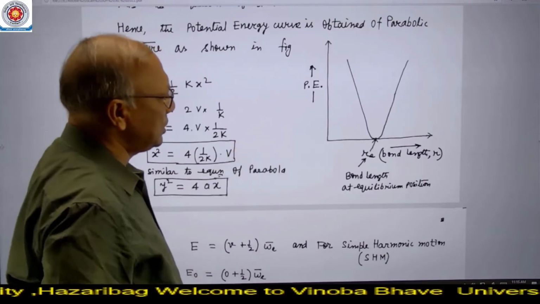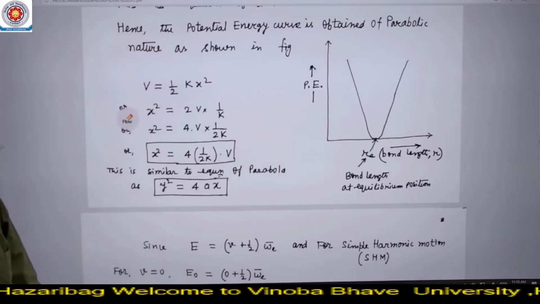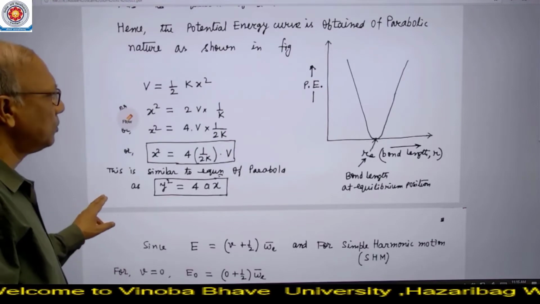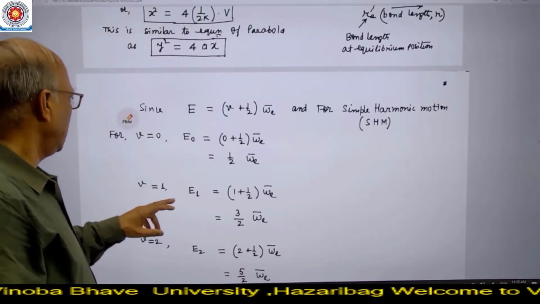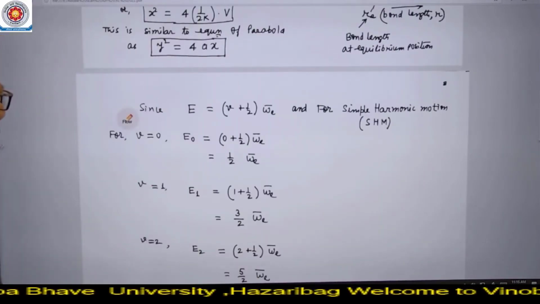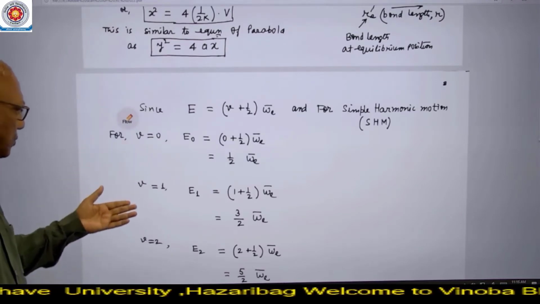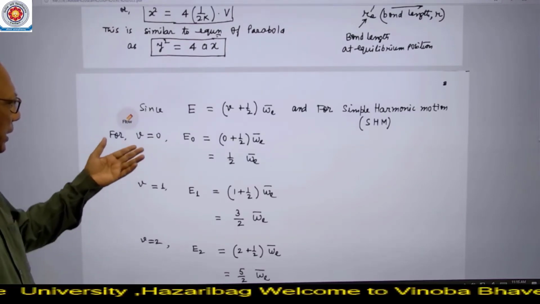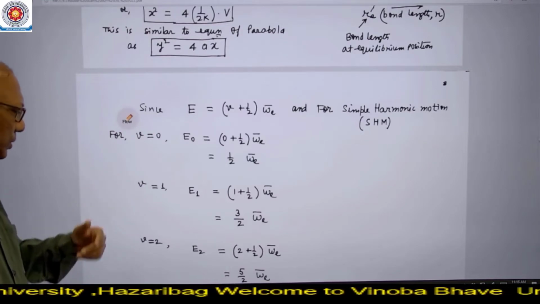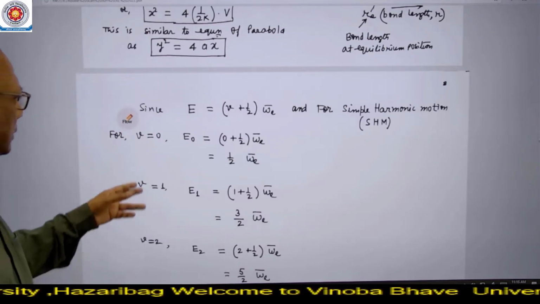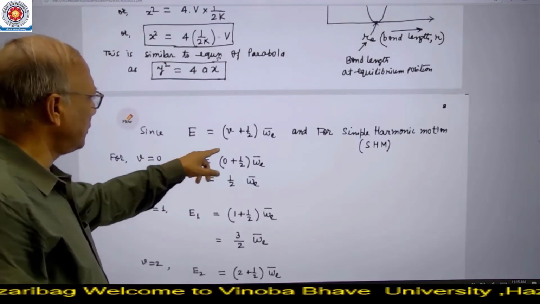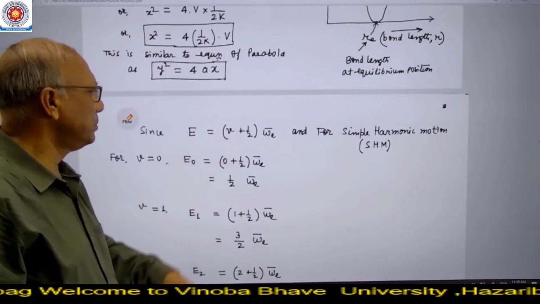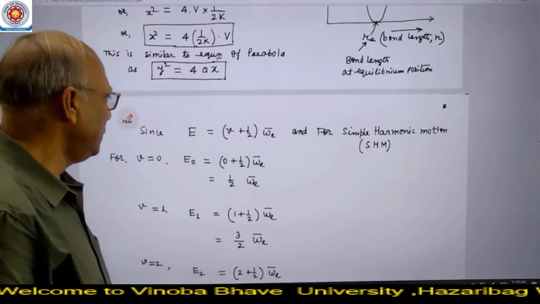Here, the potential energy curve of a vibrational energy level will be in the form of a parabola. If we take the different values of energy for different vibrational energy levels, that is V is equal to 0, V is equal to 1, V is equal to 2, then we will get these values of energies from the same equation, E is equal to (V plus half) omega e bar.